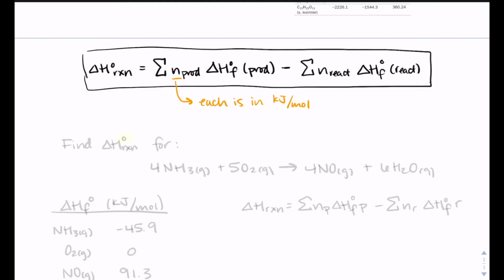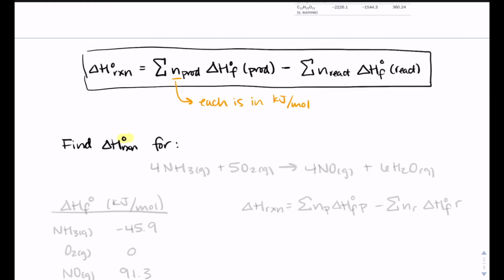So the enthalpies of formation are all listed in kilojoules per mole, and it depends on the number that you use, right? When we multiplied a reaction by 2, we multiplied the enthalpy of that reaction by 2. If I have twice as much, then the enthalpy of formation, I need to use twice as much.